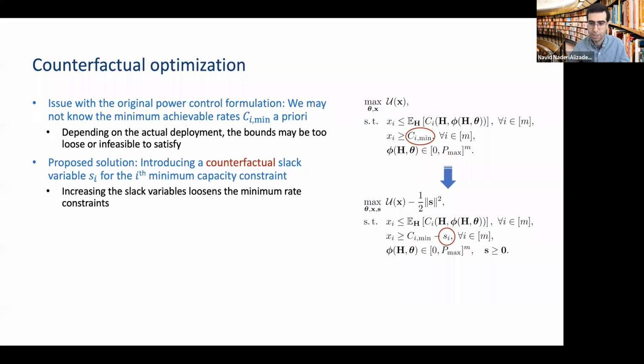So it makes it more adaptive. But we don't want to just increase it all the way to c_i min, basically making this 0. So we also introduce an additional term in the objective function where we try to minimize the slack variables at the same time. We want to keep this problem feasible, and we also want to minimize the value of the slack variables that still make this problem feasible.